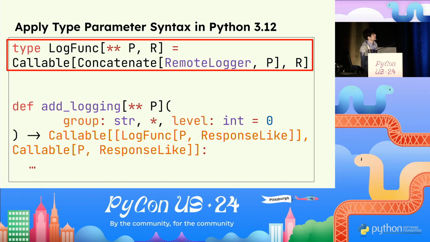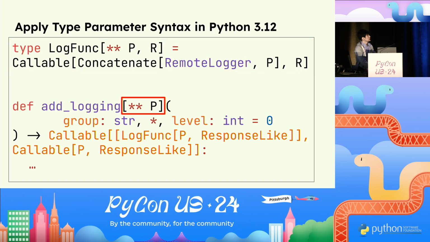Also, I applied this change here. Please look at the log func type. The double star means the ParamSpec, so P is the ParamSpec, which has a special meaning, and R is the generic R, which we usually define for the return type.